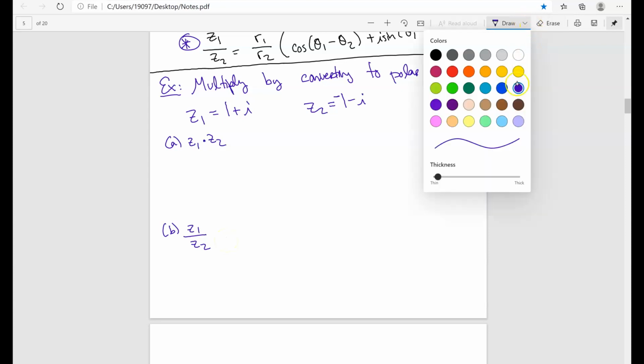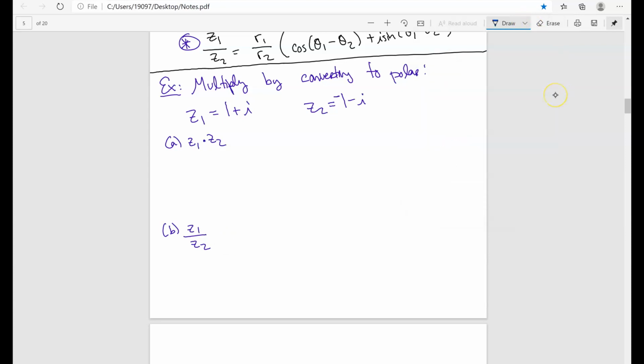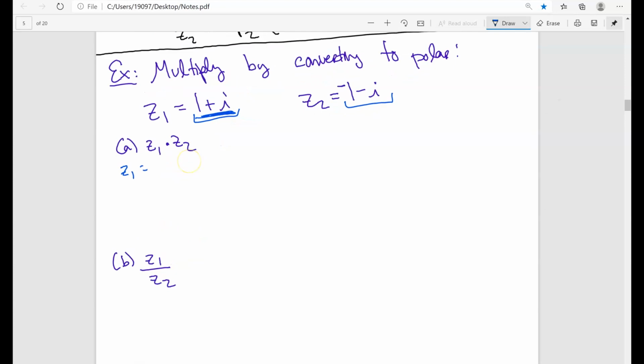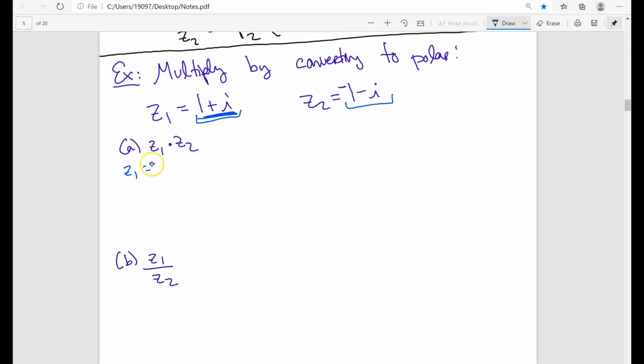Okay, so now the first thing that we need to do is convert these guys to polar form. So for z1, the first thing that we want to do is figure out what the r value is. So r is going to be equal to the square root of 1 squared plus 1 squared, which is going to be square root of 2.